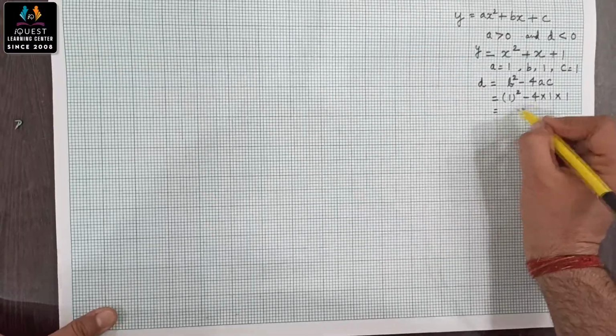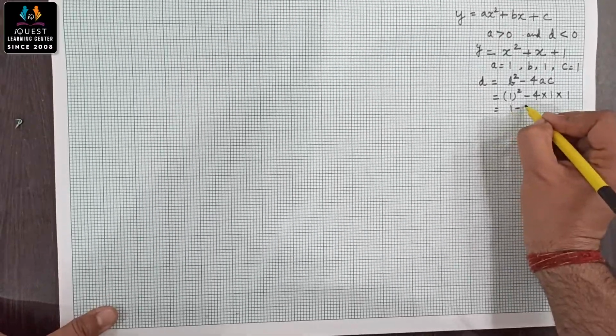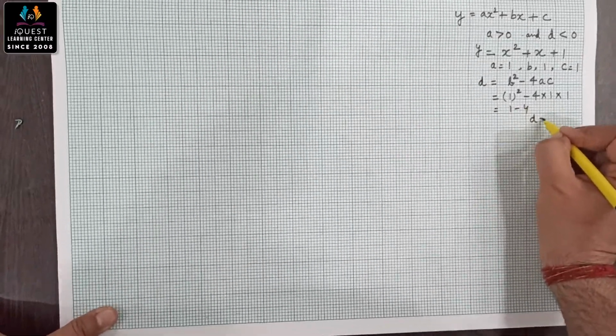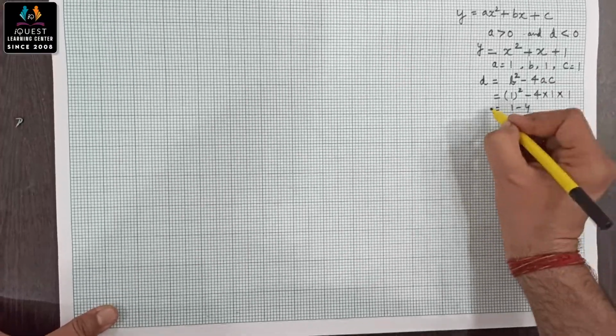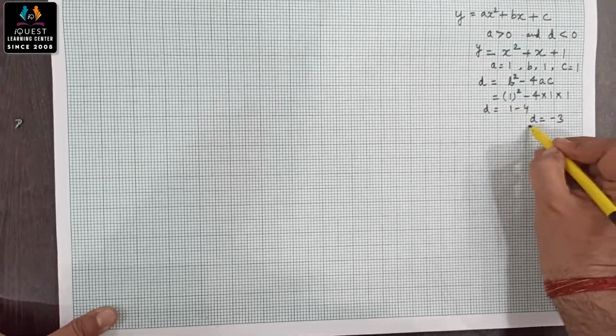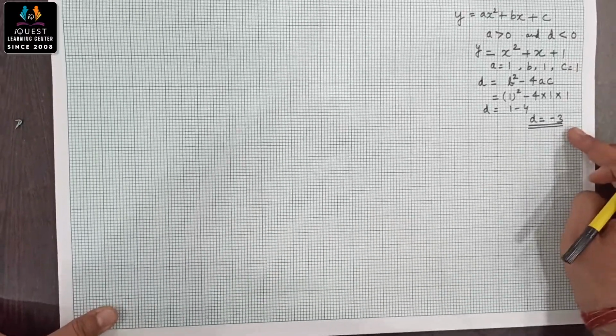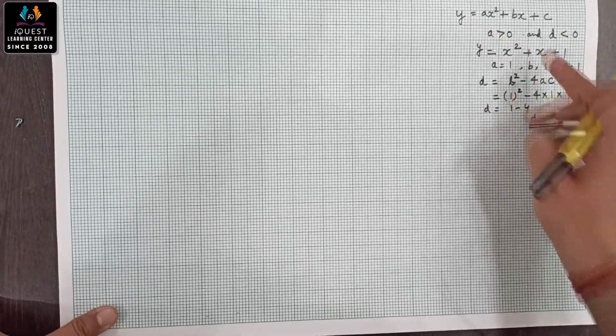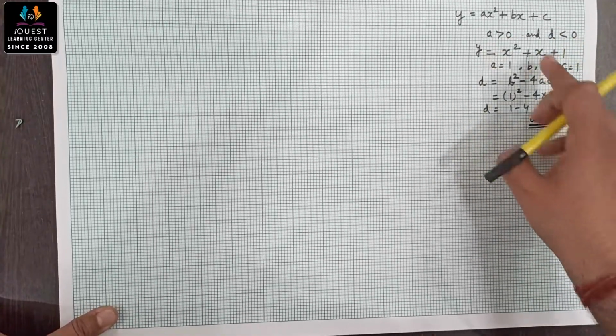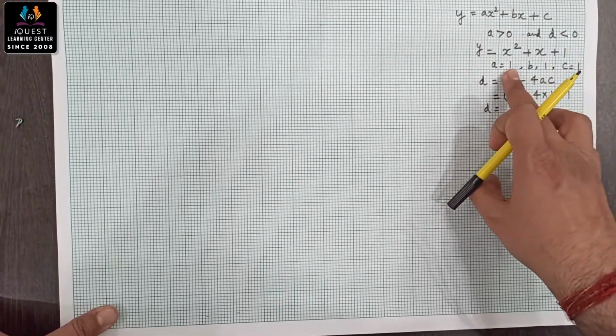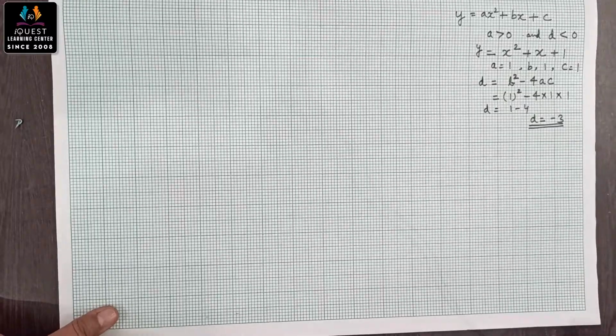Once we solve this, we get 1 minus 4, and the discriminant is equal to minus 3. So we can see that d is less than 0 because it's minus 3, and a is greater than 0 because a is equal to 1.